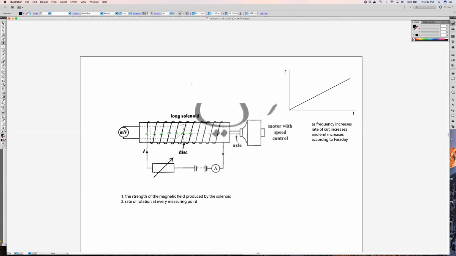Because we're going to be measuring EMF at different frequencies. So once we lock onto a frequency, you have to keep that rate of rotation constant. So the motor must be spinning at a constant rate at every point of measurement. That mustn't be fluctuating, in other words.